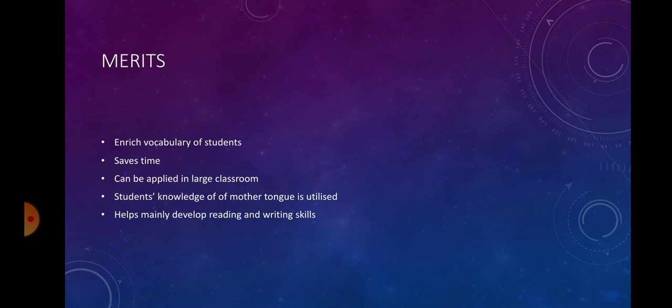Not only that, this method also saves classroom time, because in the classroom we have a specific time in which we have to go through the lesson. That is why the grammar translation method can be applied in a large classroom.